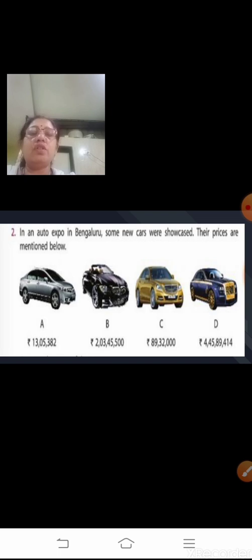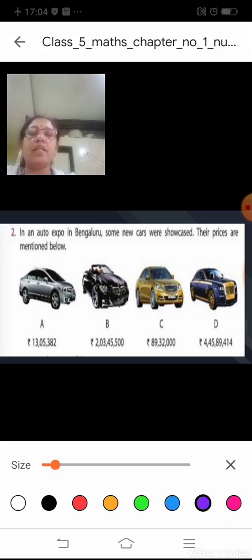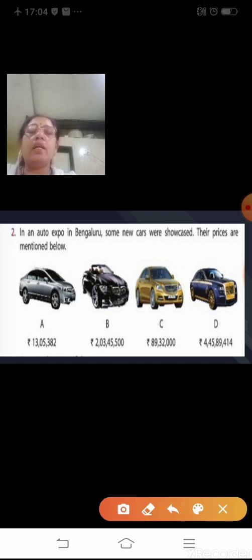Now in this, just see the price of the first car given here is 13,05,382. So this is a 7-digit number. Now the second is 2,03,45,500. So this is an 8-digit number.